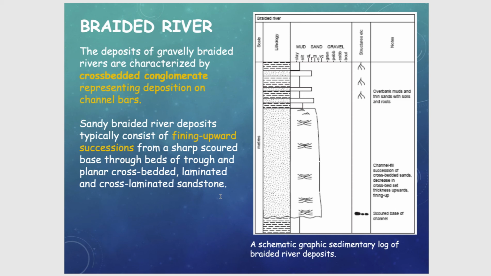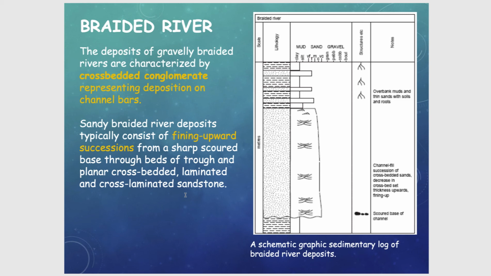And the third environment where we have deposition, which is more suspended load deposition, which explains this stratification with finer fractions, is these overbank deposits which happen to occur when we have spillovers in major flooding events that occur on a braided river system.